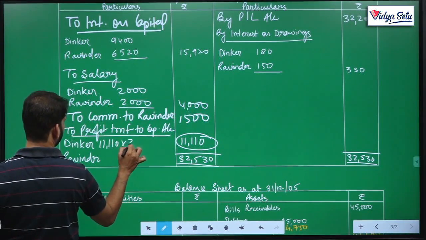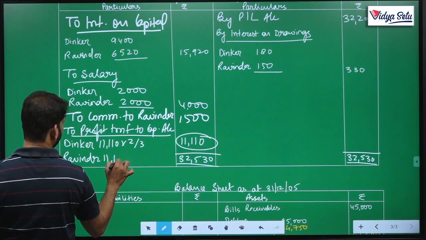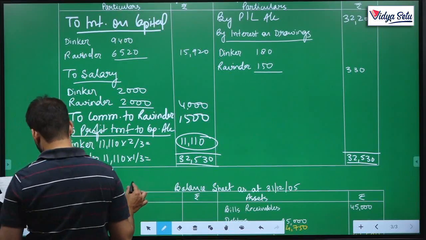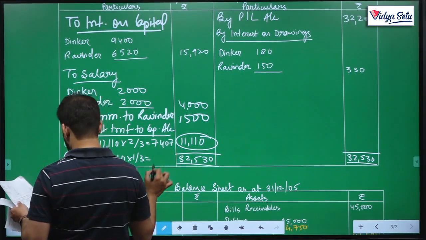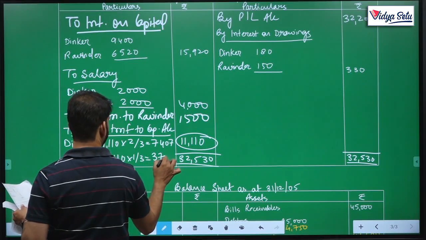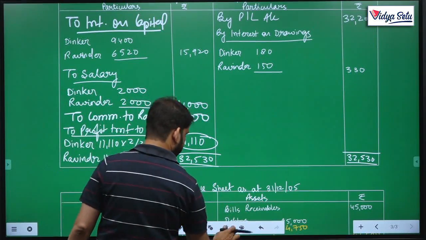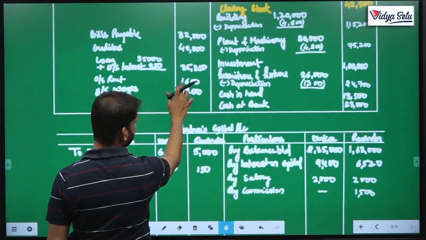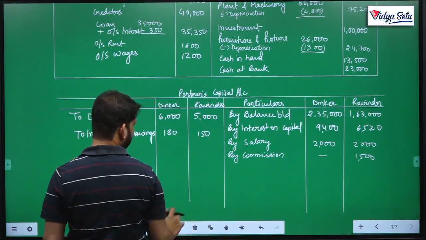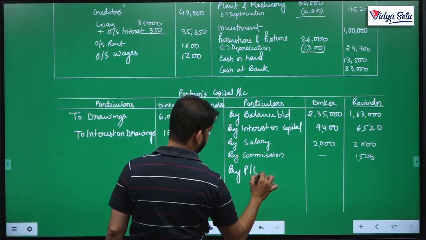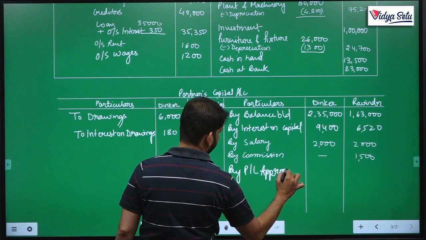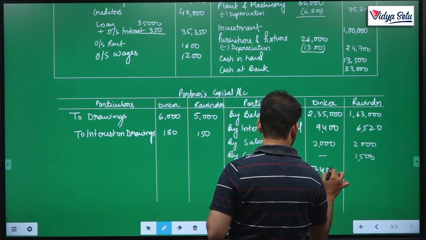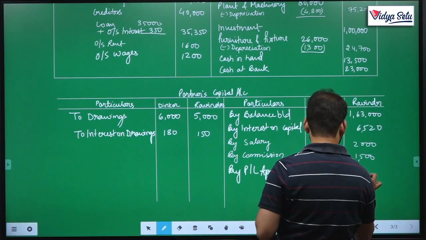So, 11,110 into 2 by 3, 11,110 into 1 by 3, that comes to 7407 and 3703. So, the same will go in their appropriations. That was appropriation in the capital by P&L, 7407 and 3703.